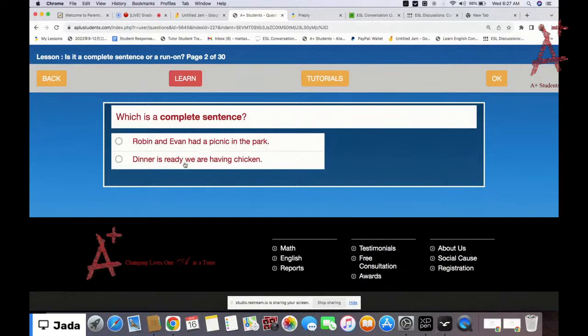Dinner is ready is one sentence. We are having chicken, that's another one. So this second one is a run-on.